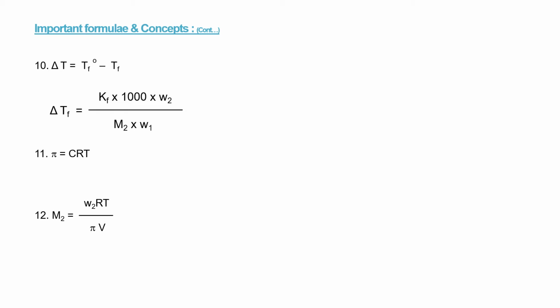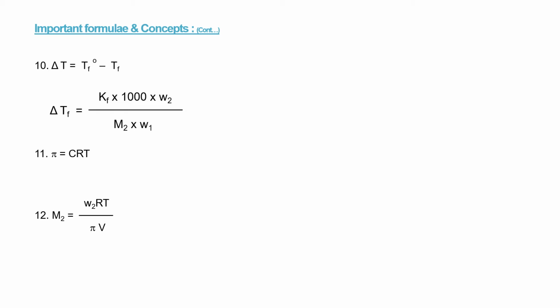Now, in this case, your C is nothing but n by V. So, in place of n, we just write W2 upon M2. So in place of C, you write n divided by V, but your n is nothing but W2 upon M2.